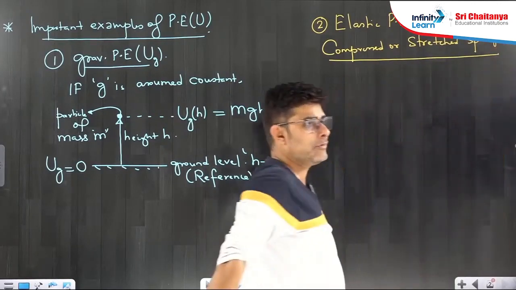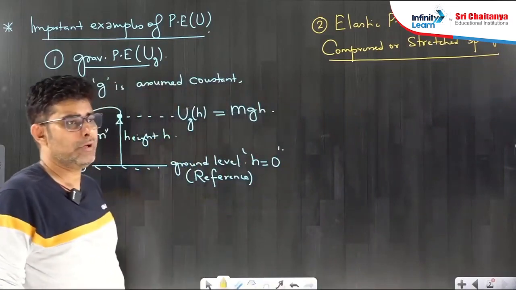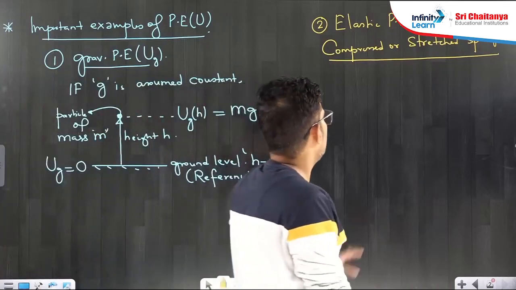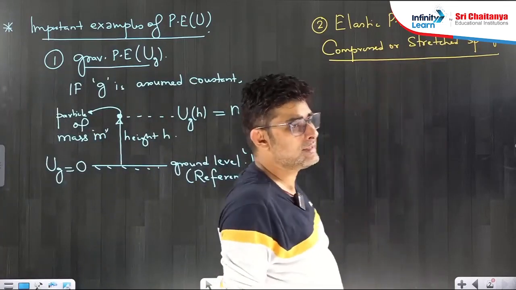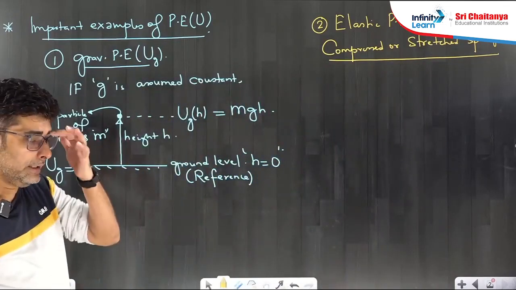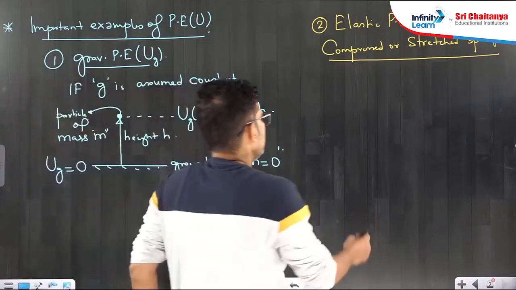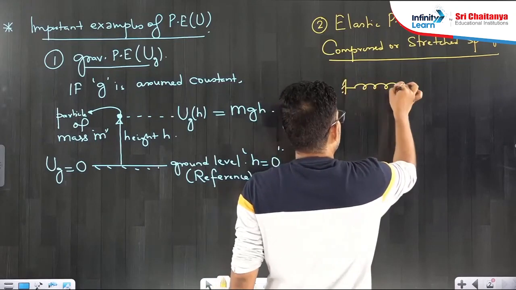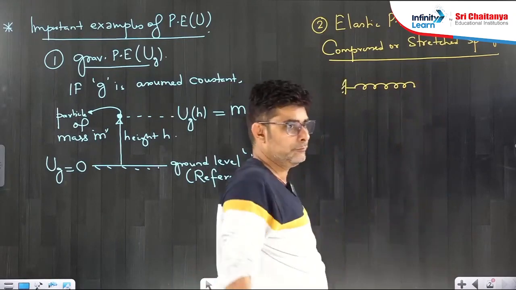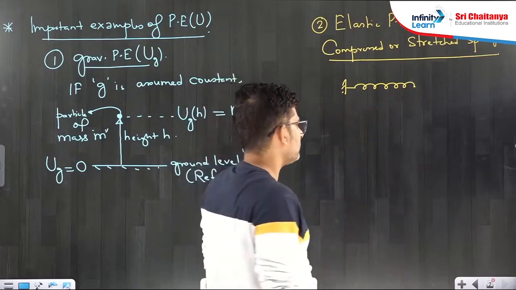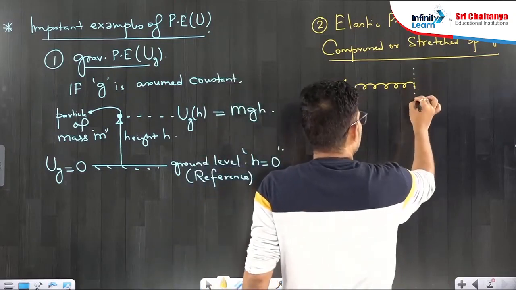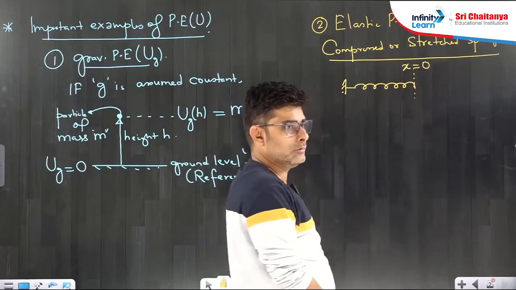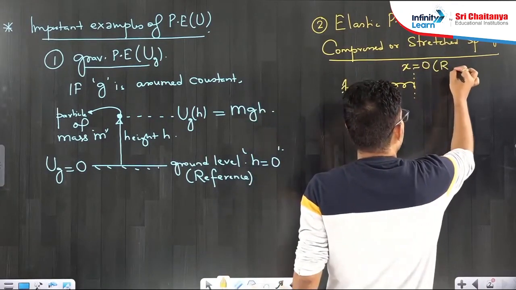In that also we have an energy stored which is known as elastic potential energy, which is stored in a compressed or stretched spring. Now understand here, basically when we talk of a spring, we denote a position x equals 0, we take it as a reference.